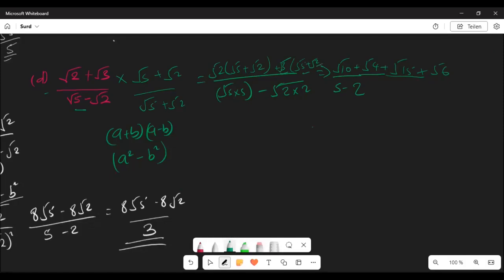In simple form, we already have the denominator, which is 5 minus 2, giving us 3. However, here there are some things we know. We have here root 4, which we know is going to give us 2.